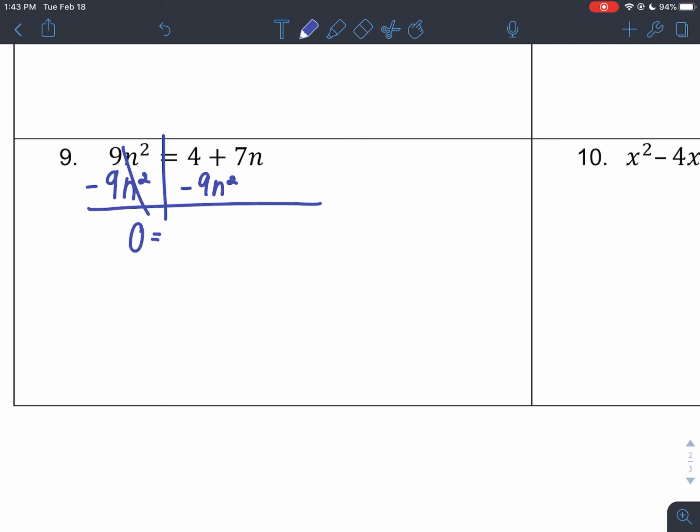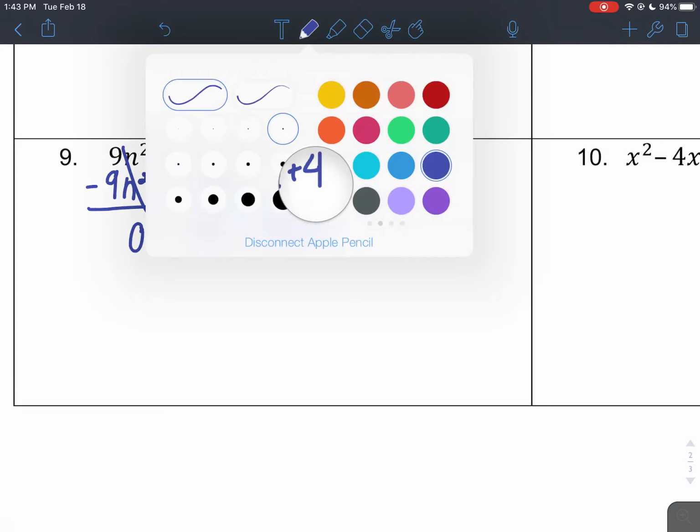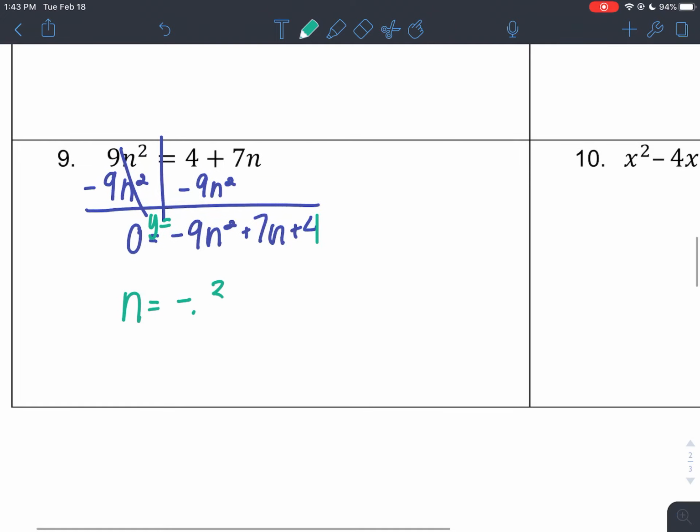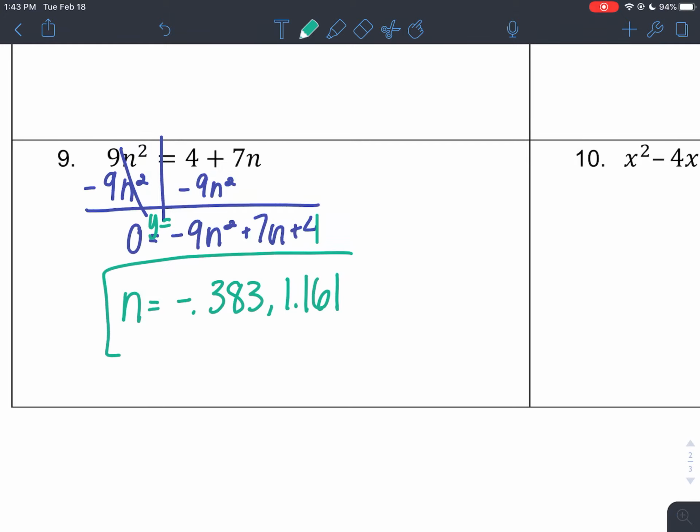So when I rewrite that out, we get 0 is equal to negative 9n squared plus 7n plus 4. And from here, we can still plug that all into y equals. When you do that, you should end up with 2 x-intercepts again. Again, it's not going to be whole numbers, so we're going to round that to negative 0.383 and 1.161.